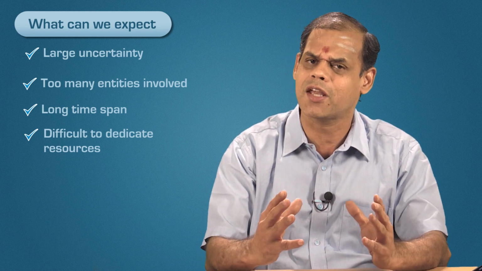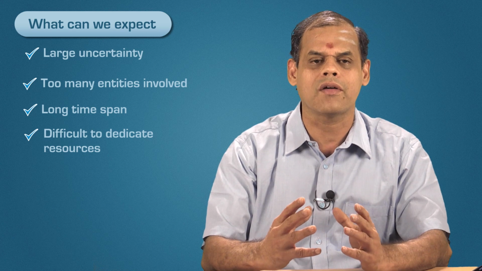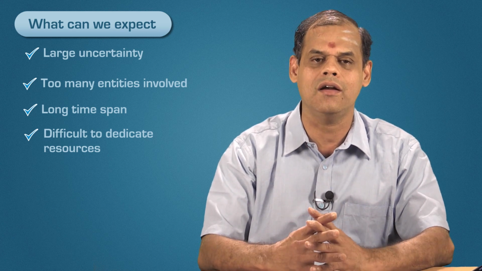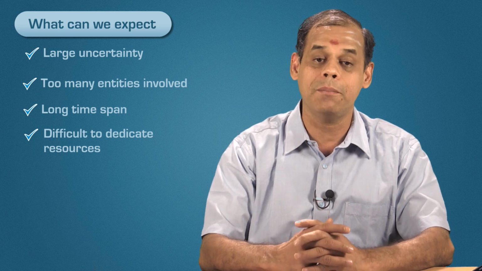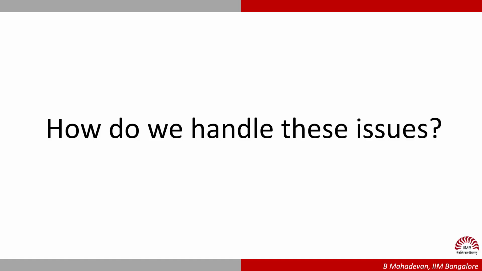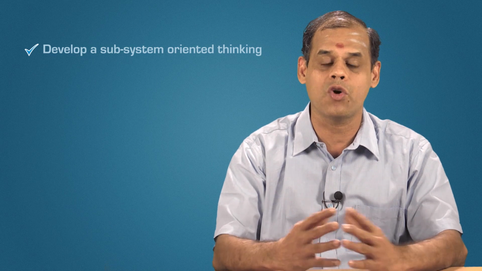So these are very peculiar kinds of issues that we need to handle in systems which come under what is called jumbled flow. So how do we go about doing that? How do we handle this? Since we know that the operations planning and control is going to be too complex, the first thing that might be useful is we need to develop subsystem-oriented thinking.